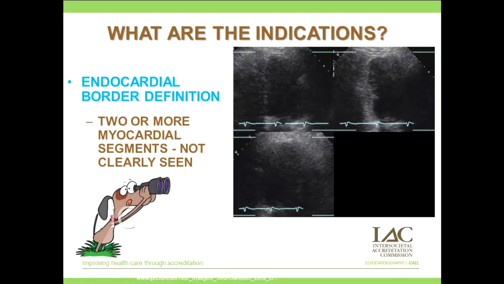So let's move on to indications. These indications that will be on your policy. Unfortunately, poor endocardial border definition is not a stranger to the echo lab and is seen in up to about 20% of our studies. The definition is 2 or more myocardial segments not clearly seen.